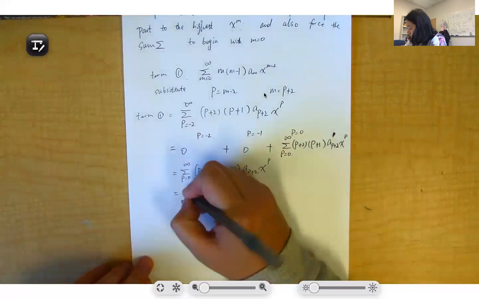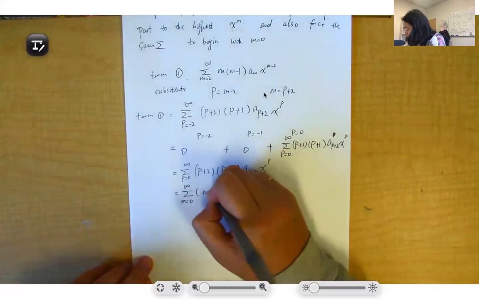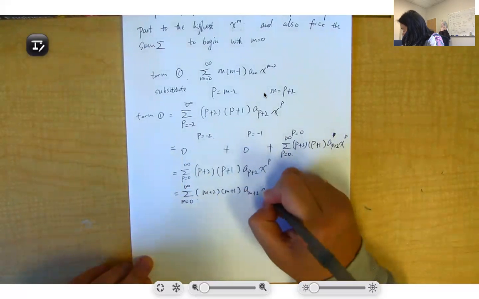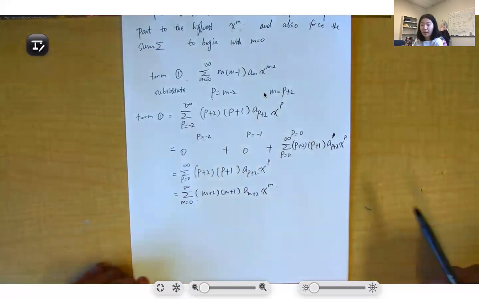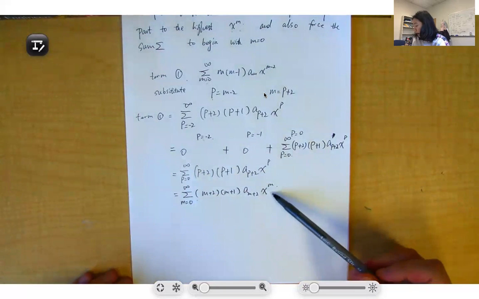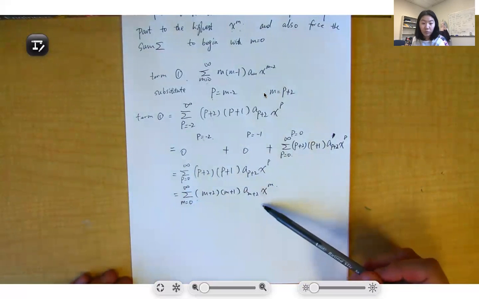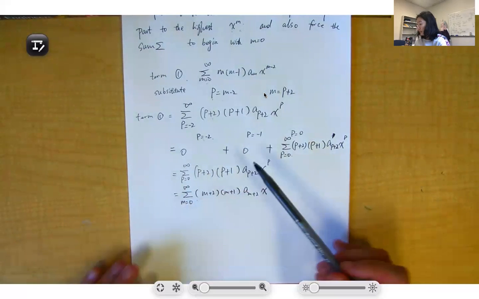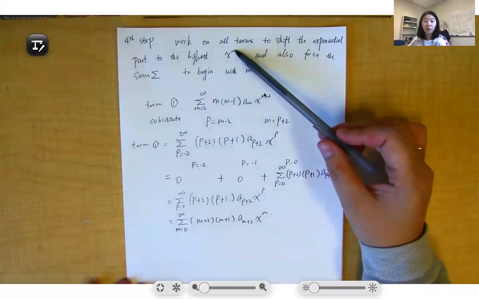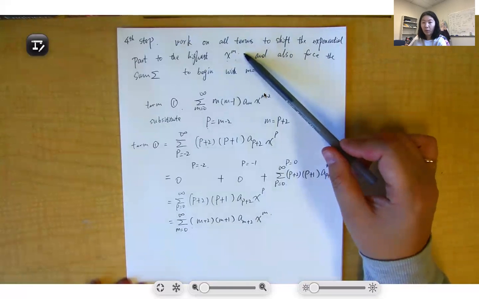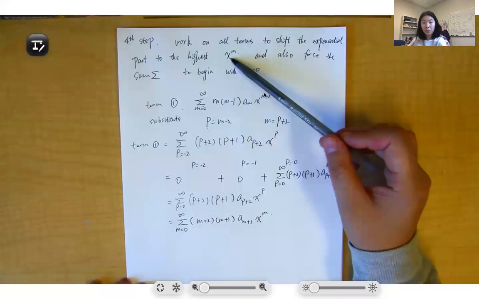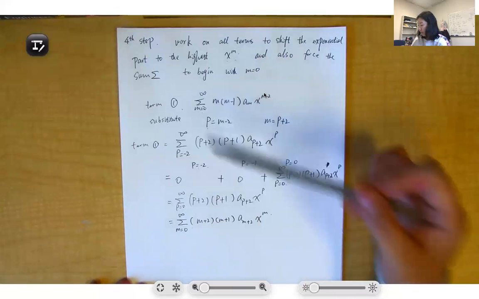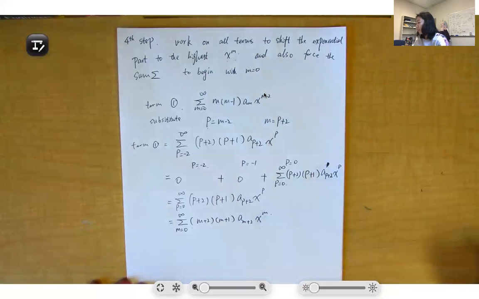So the sum m from 0 to infinity, m plus 2, m plus 1, a m plus 2, x to the m. So right now we shift our highest term to x to the m, and we start with m equals to 0, and that satisfies what we are trying to do. The goal is the exponential part is x to the m. The beginning of the sum is m equals to 0. So we did this here, okay?